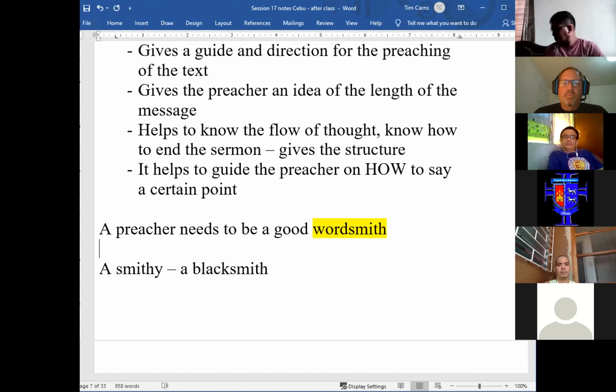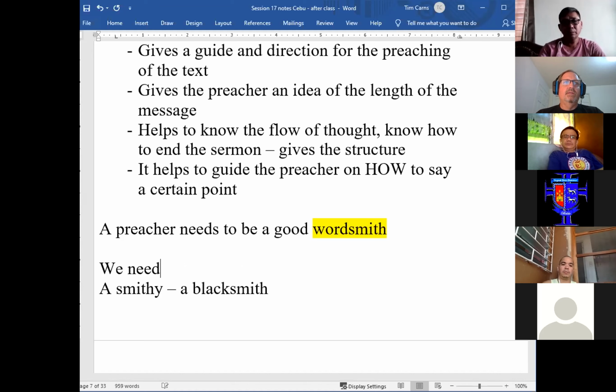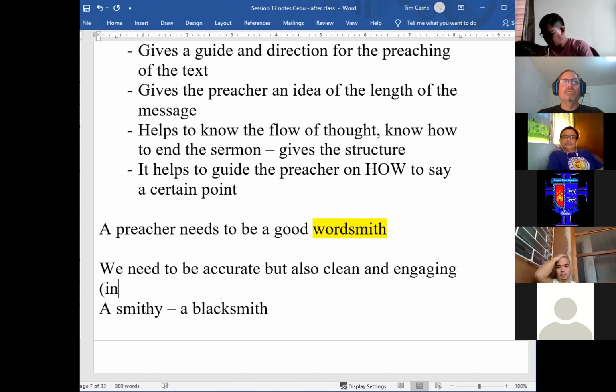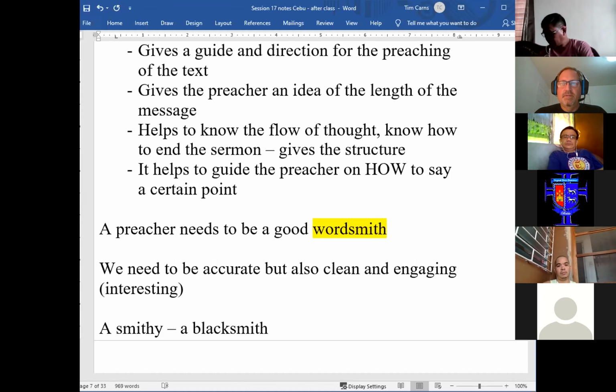And as preachers, we need to be excellent not just in what we say, but how we say it. So we need to be accurate for sure, but also clear and engaging, even interesting. Can you hold people's interest?